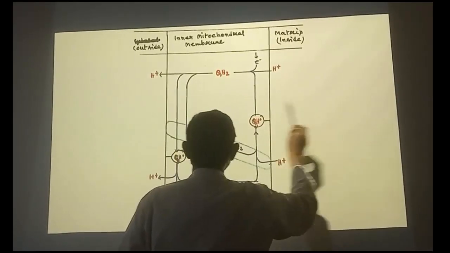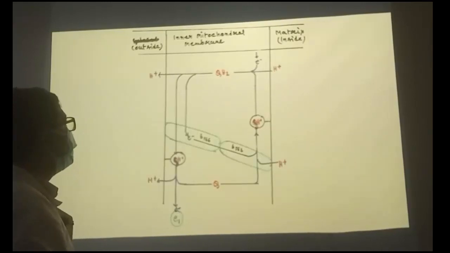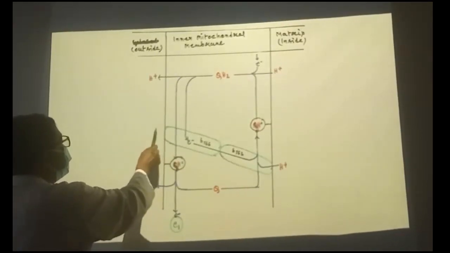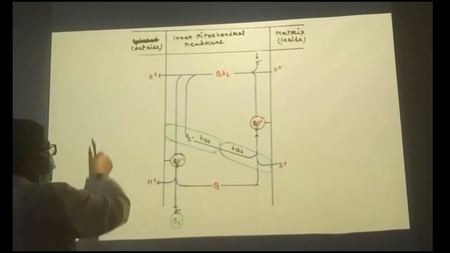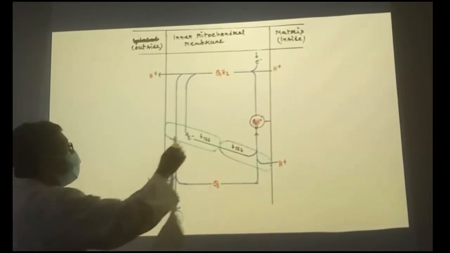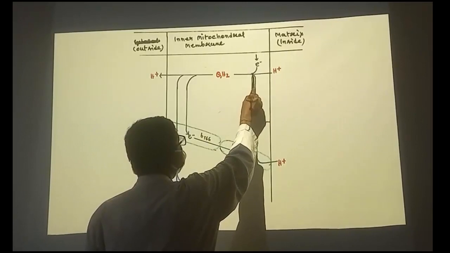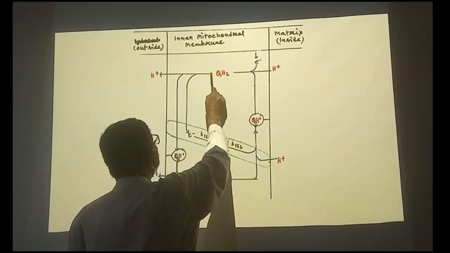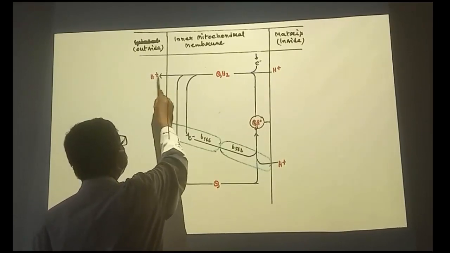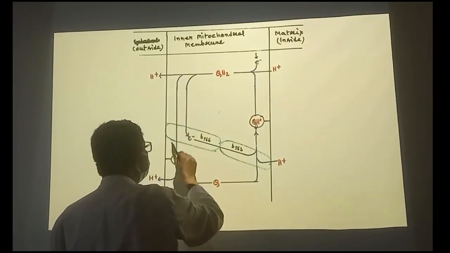This is the matrix, and this is the outside of the inner membrane, that is the intramembranous space. So H+ is taken and Q is reduced, and this reduced Q is mobile and moves to the other end, releasing the proton outside of the inner mitochondrial membrane. The H+ is released, thereby making Q oxidized.